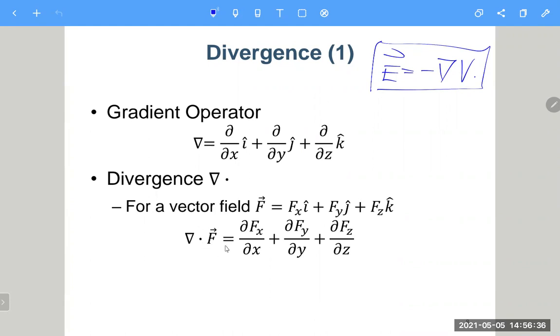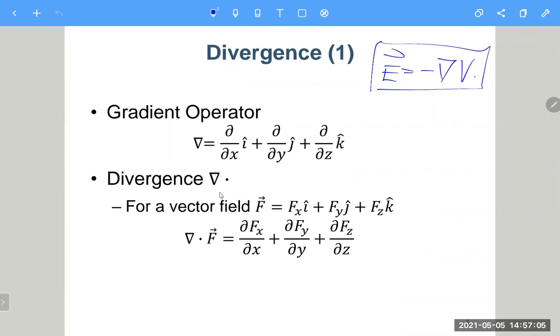So for a vector field f, which is written as f sub x i hat plus f sub y j hat plus f sub z k hat, this f is decomposed into x, y, z components, of course in Cartesian coordinates.